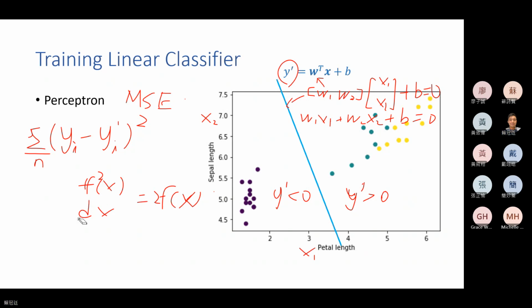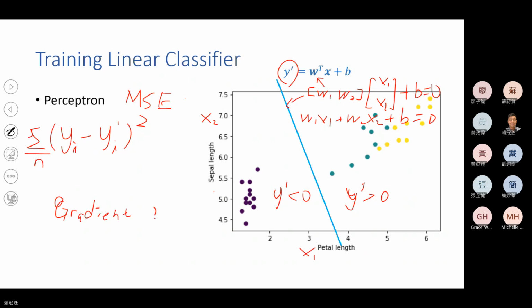Yeah. So if you want to calculate the gradient, the gradient will just become y minus y prime. Right. Sorry, my pen is broken also. I can really only use my finger. So we want to calculate the gradient of our function.